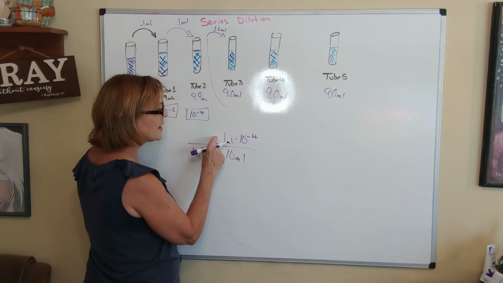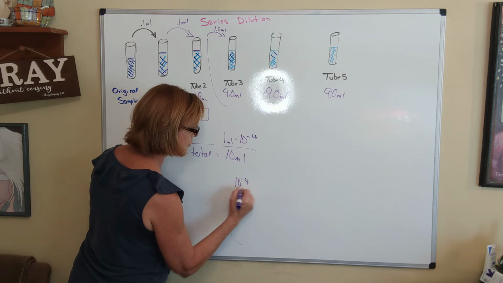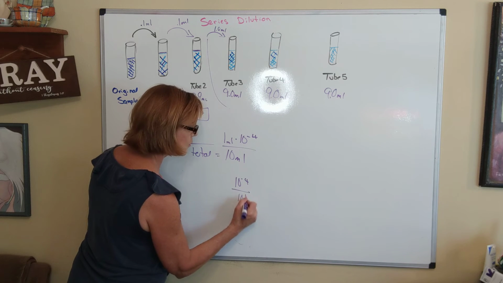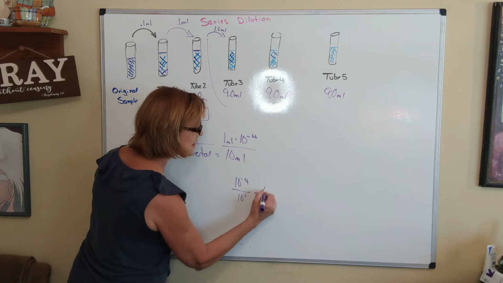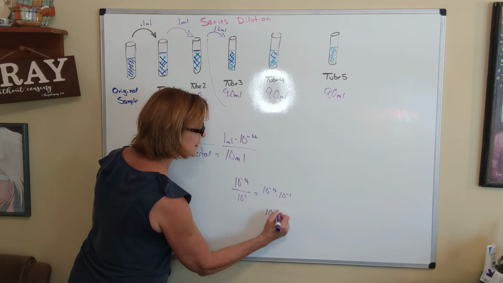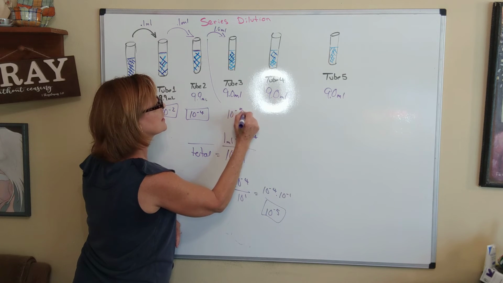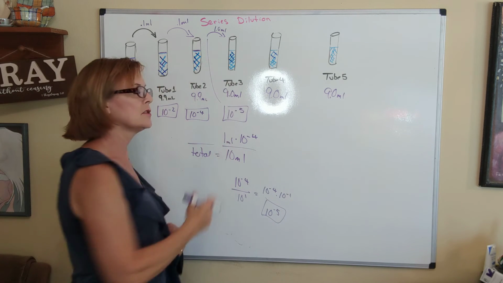All right, 1 times 10 to the negative 4 is just 10 to the negative 4, divided by 10 to the 1. Bring him upstairs. That's 10 to the negative 4 times 10 to the negative 1, or 10 to the negative 5. That is the diluent factor for test tube 3.